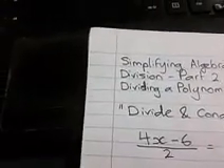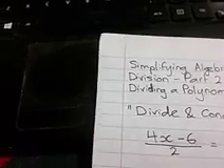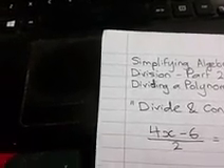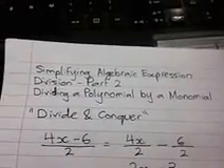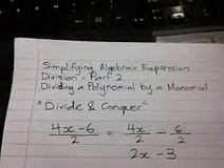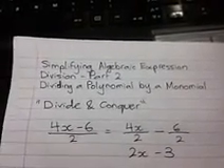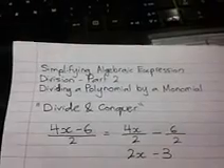So the example here is 4x minus 6 divided by 2. What I do in this case is I break up that expression and divide each term by that same denominator. So I turn it into 4x divided by 2, which gives you 2x, minus 6 divided by 2, which gives you 3. Divide and conquer.